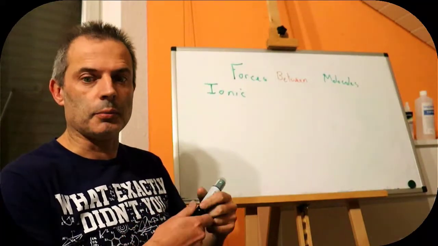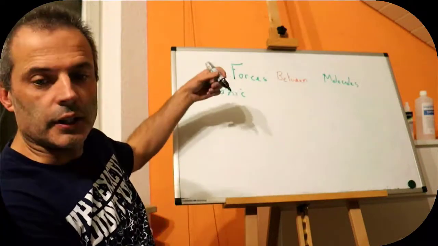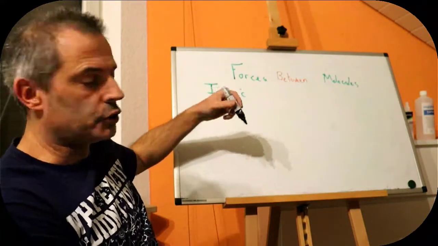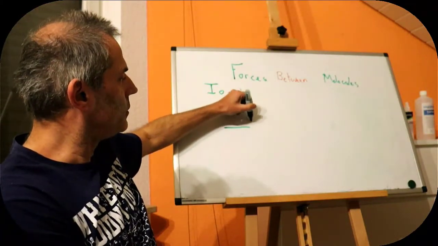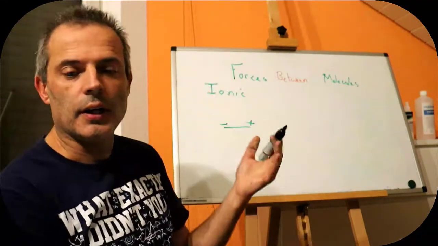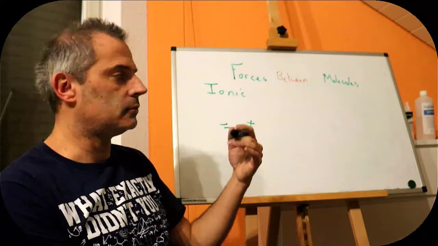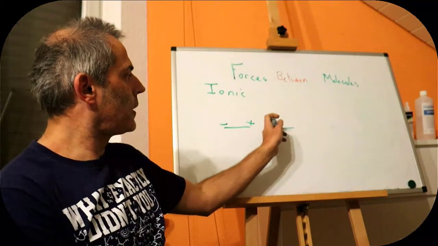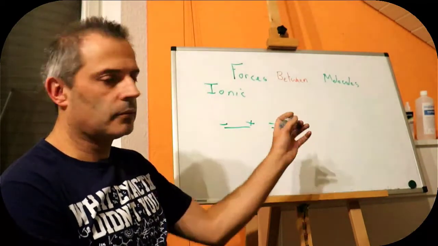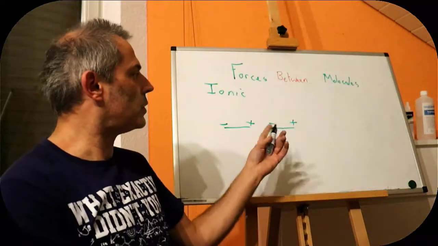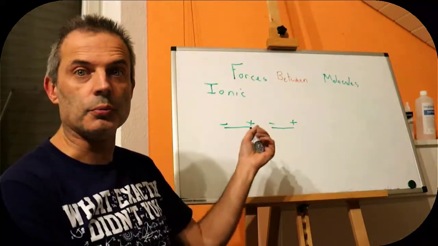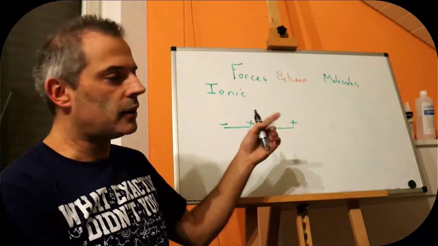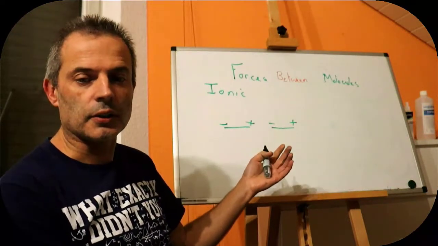Now we can go to the next type of force, which is if we take a molecule that has a charge on both ends, let's make it plus and minus, it behaves very much like a magnet. So our molecule will then attract another molecule and they will align. This is what happens if we have a charge distribution in our molecule, and they don't stay stuck to each other in a liquid.